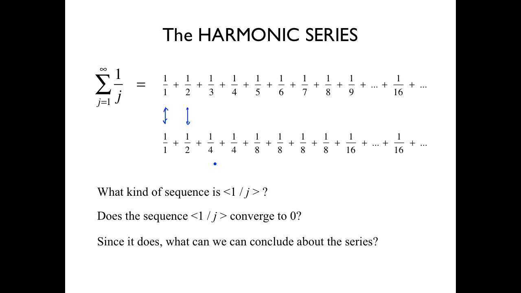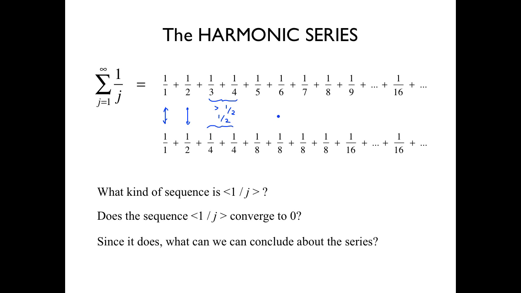What does 1/4 plus 1/4 equal? A half, right? And how does a half compare to 1/3 plus 1/4? Is this bigger or smaller than a half? Bigger, right? Because a third is bigger than a fourth. So this right here is greater than 1/2.